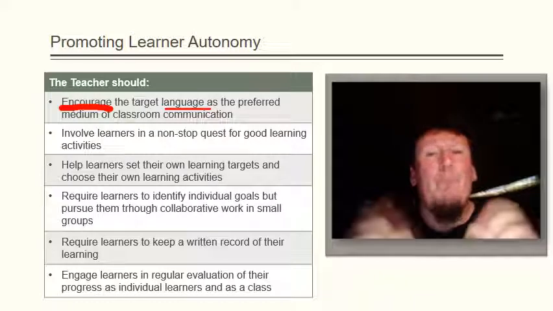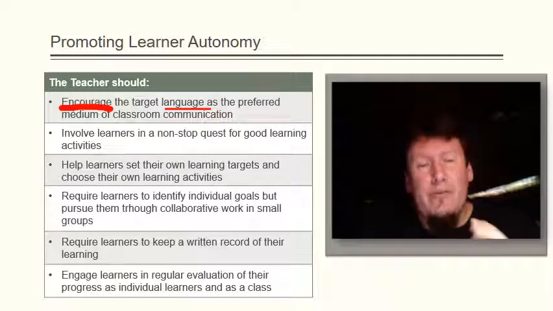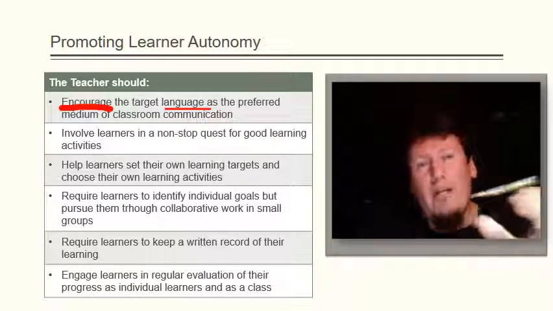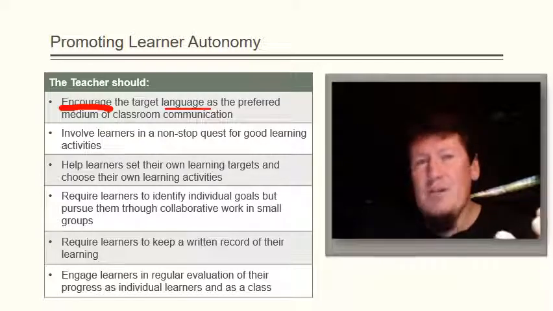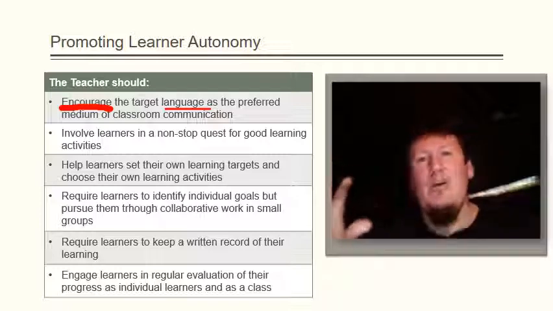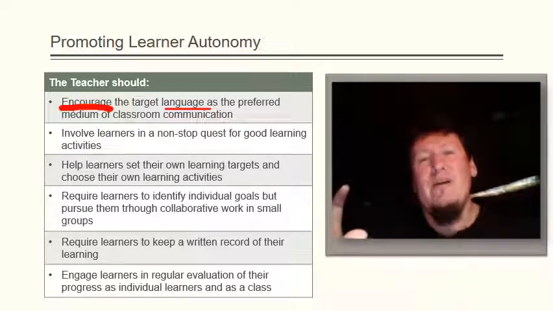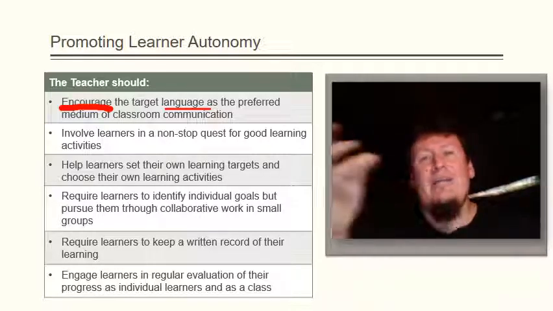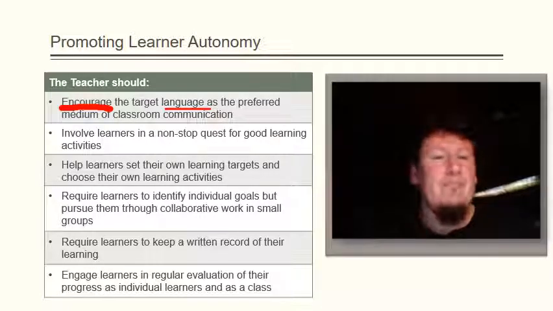But again, as a teacher, you make those choices. Okay, so here, because you're level 1, I'm going to use your native language. But for these other activities, we're going to use the target language because I know that you've worked with this language so far, and I know you can communicate in this way. So you make those choices as a teacher.